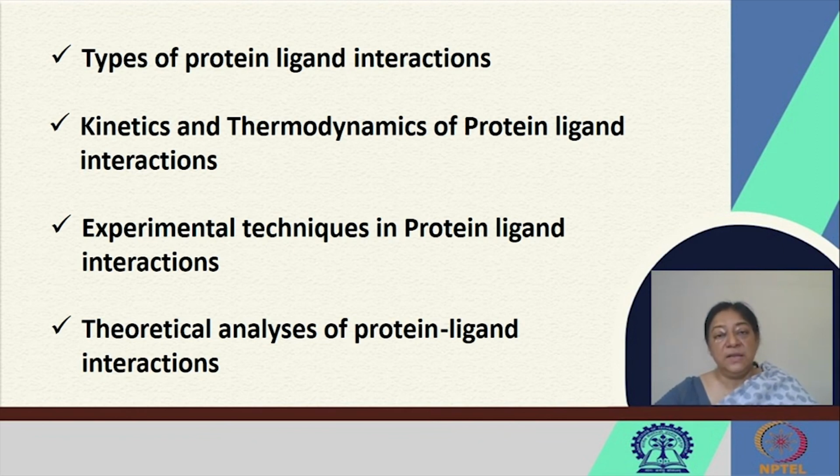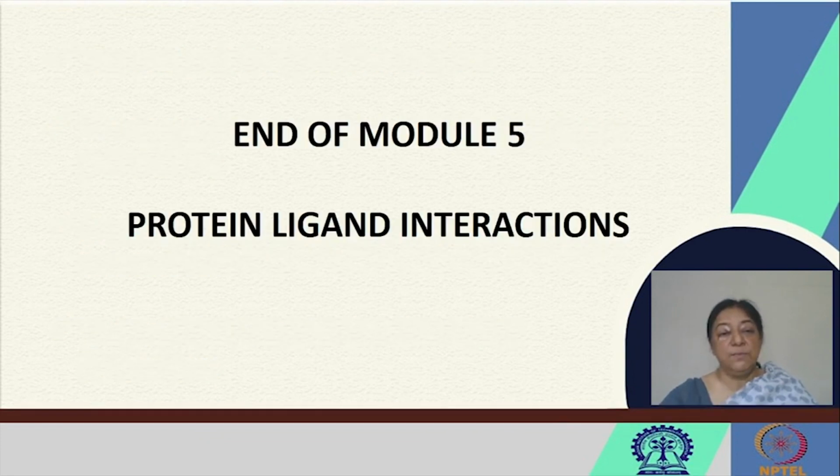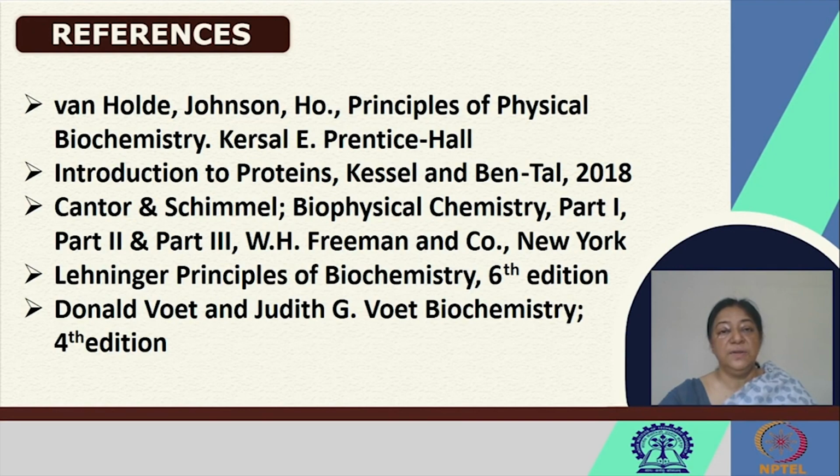And in the final lecture in this module, we have looked at specific types of plots, what we can do from an equilibrium dialysis experiment with actual data, how we plot a Scatchard plot to determine the number of binding sites, and a Hill plot from a Hill equation to determine the cooperativity of binding. This ends this module 5 that dealt with protein ligand interactions. The references have been given in each of the lectures, which are also listed here. Thank you.